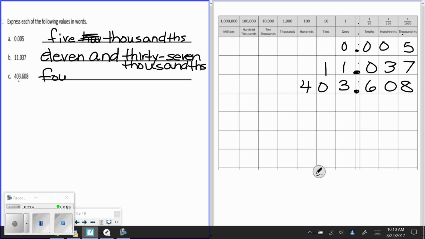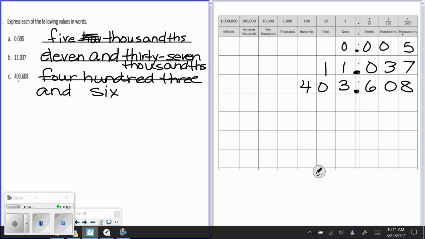Now that we're throwing decimals in there, you don't want to say and when you're saying a whole number, 403. Because if you said it the way that you normally say numbers, you would be saying 403 and 608 thousandths.